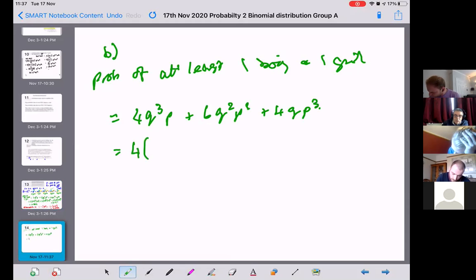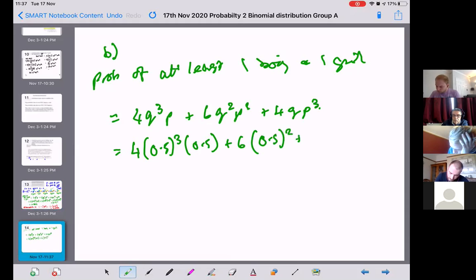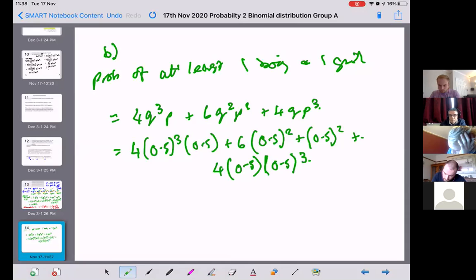That's 4 times 0.5 cubed times 0.5 plus 6 times 0.5 squared times 0.5 squared plus 4 times 0.5 times 0.5 all cubed.